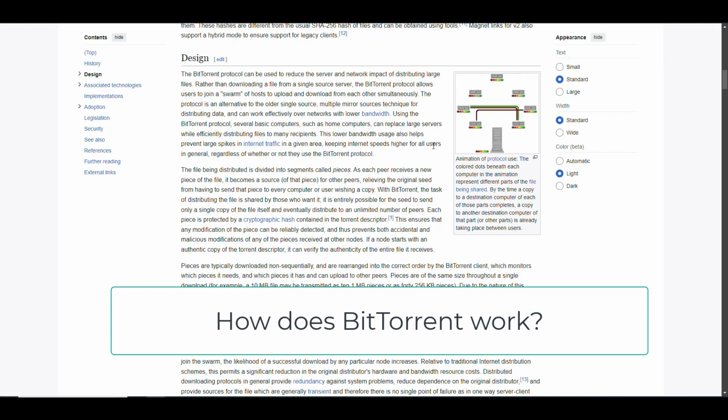But all of this is done not from a single server, but it's done peer-to-peer. So this person that has the complete file shares that part of that file with somebody else. And then once that person gets that part of the file, they start also sharing that with the rest of the network. And in this animation, you can see that in action.